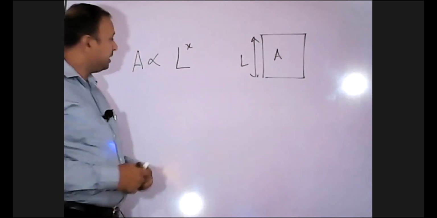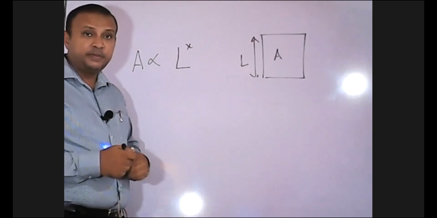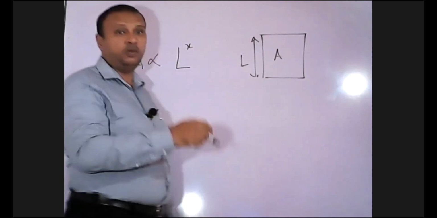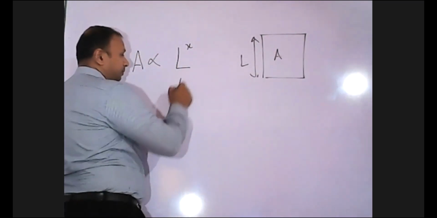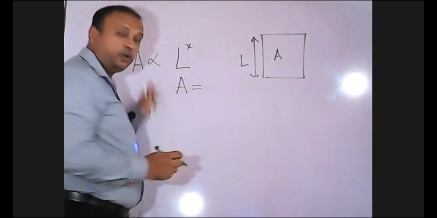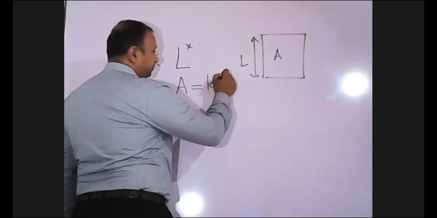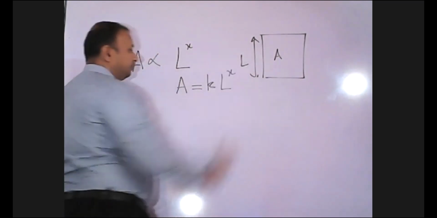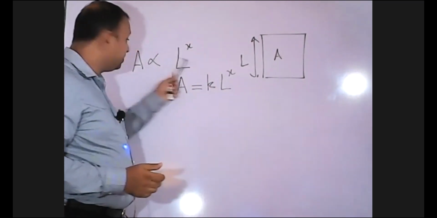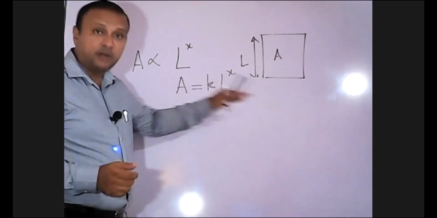If those two physical quantities are directly proportional, I can convert this relationship into an equation by replacing the proportionality symbol with an equal sign and a constant, because the ratio between them is a constant.